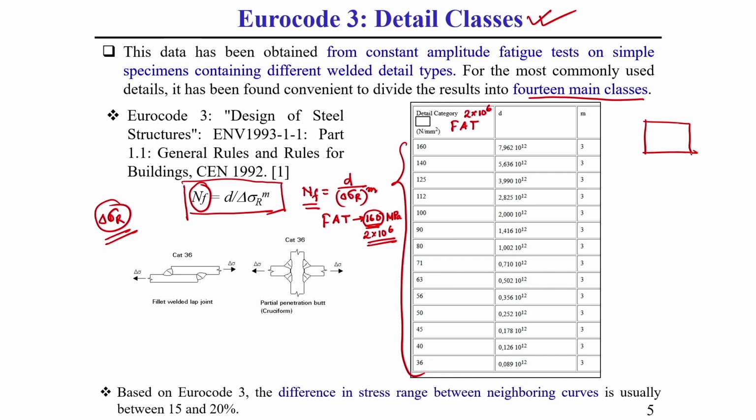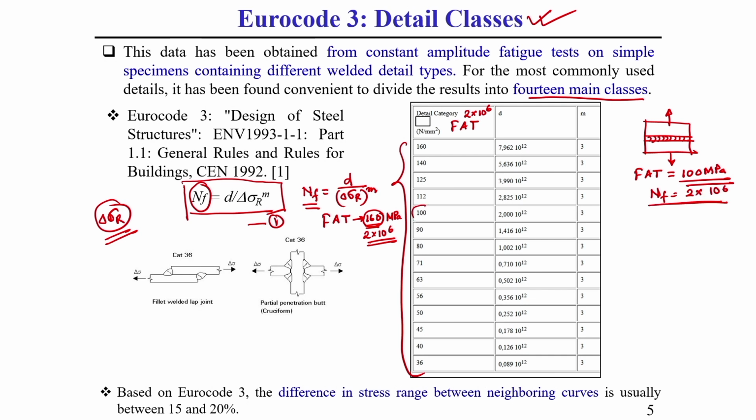Let us see what this equation means for a particular welded geometry, that is a transverse butt weld. Let us consider the fat value is 100 MPa. So, this 100 MPa fatigue strength we get from equation number 1 when the number of cycles NF is 2 into 10 to the power 6.